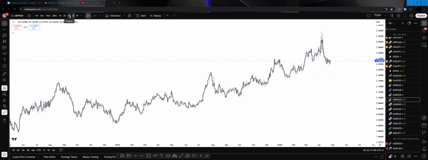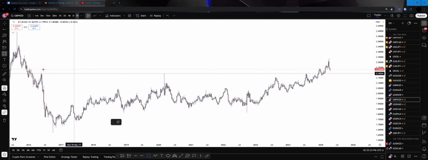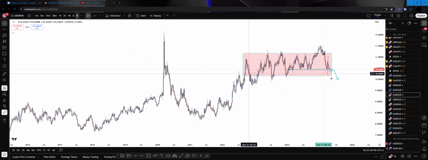And the daily would have to shift bearish in order for it to work. Like, how far ago is it? 2016, not interested. USD NOK in that range, not interested.